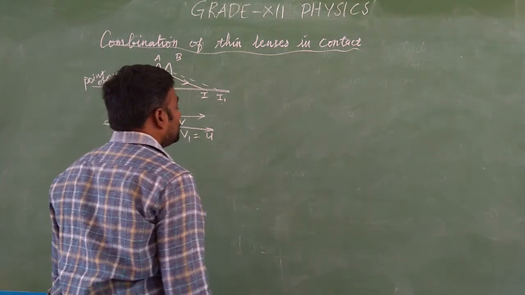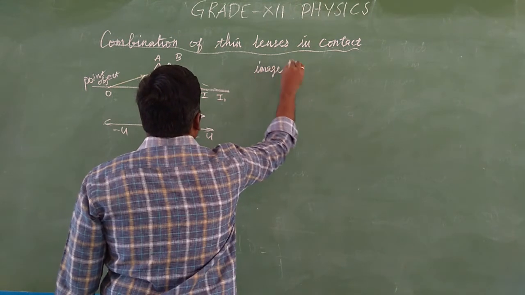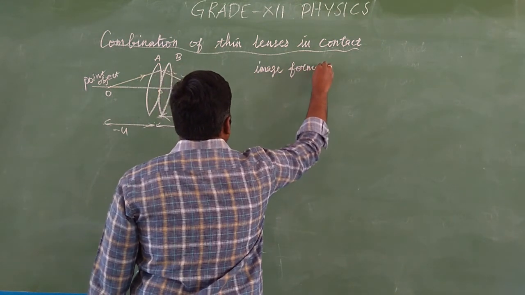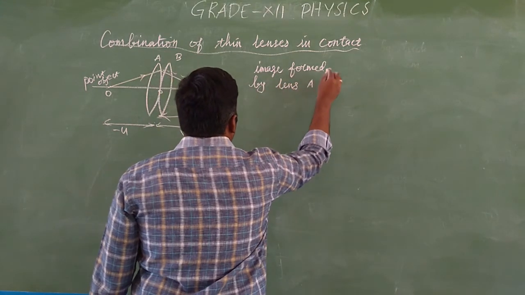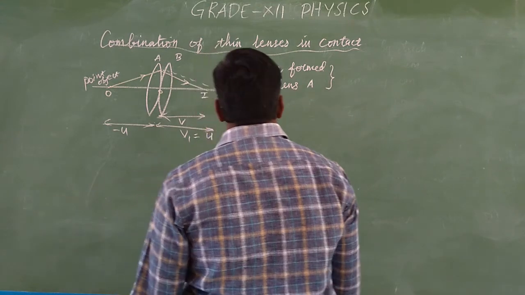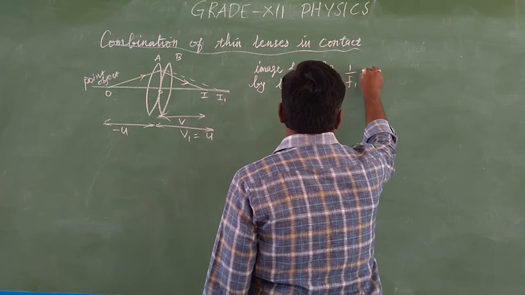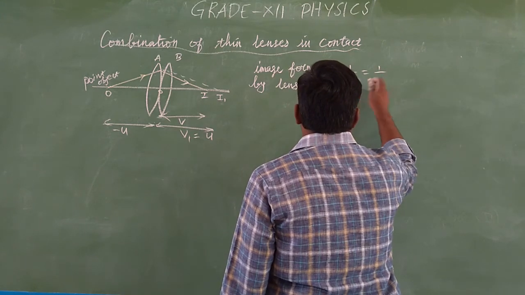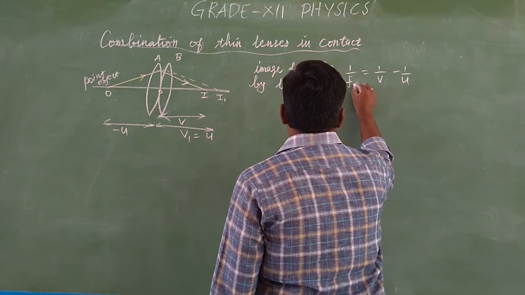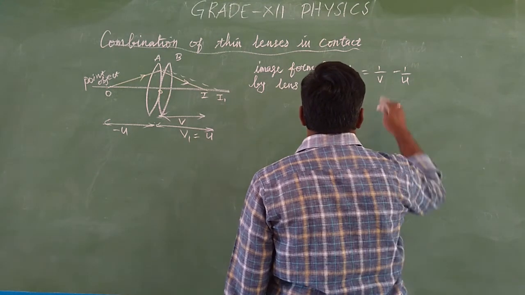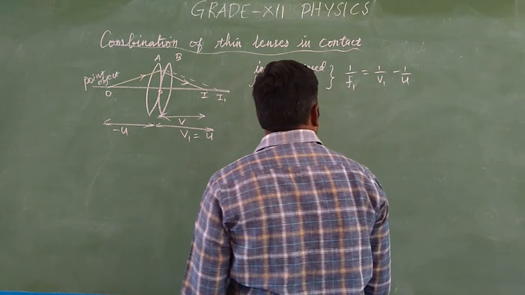Now we are going to find the image formed by lens A. Using the lens formula, the first lens has focal length f1. We know the formula, 1 by f is equal to 1 by v minus 1 by u. So 1 by f1 is equal to 1 by v1 minus 1 by u.